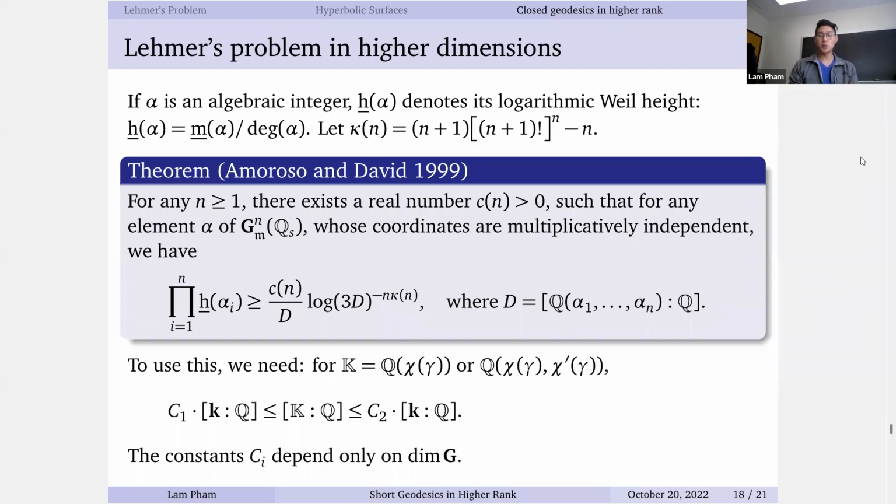These multiplicative constants, what we need is that they depend only on G, the corresponding algebraic group or the Lie group that you have. Now, in this case, they do depend on it explicitly, just from the theory of algebraic groups, and actually they only depend on the dimension.